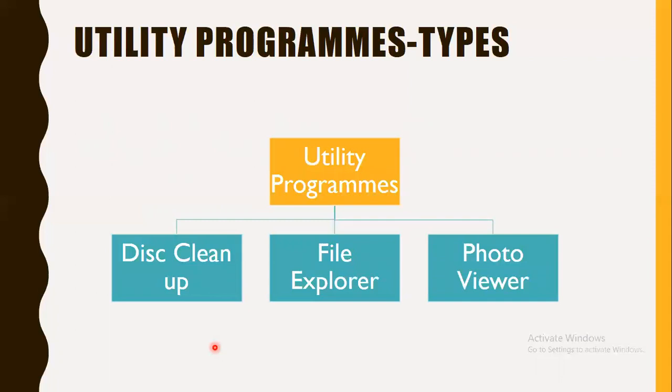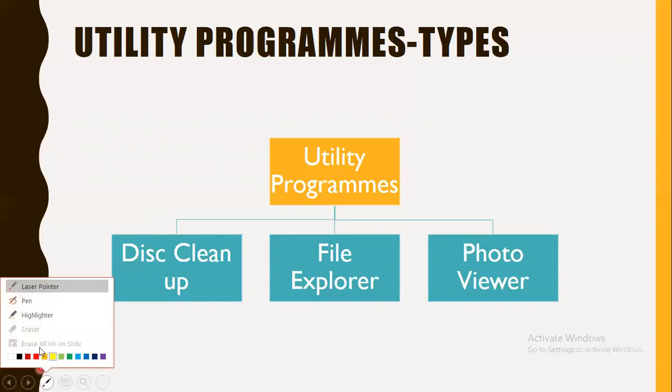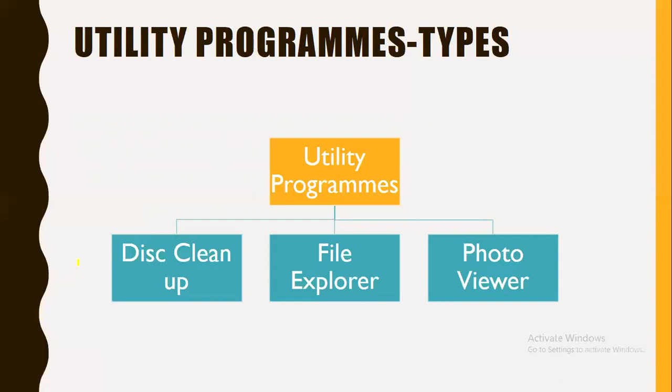Utility programs are divided into 3 subcategories or subtypes. These are disk cleanup, file explorer, and photo viewer.